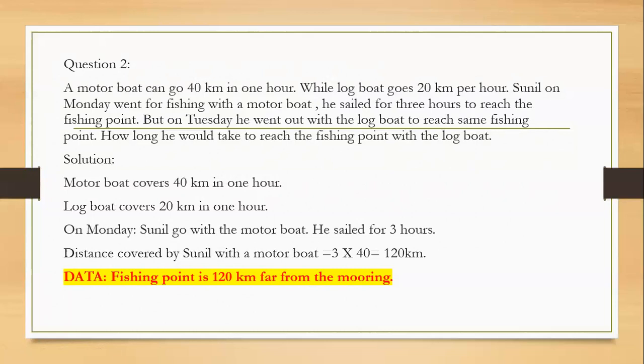Like there is a parking area for the car, there is a parking area for the boats too. So this is the place where boats are anchored or tied. So this fishing point is 120 kilometer far from the mooring. Why do I highlight this? Later we will see.